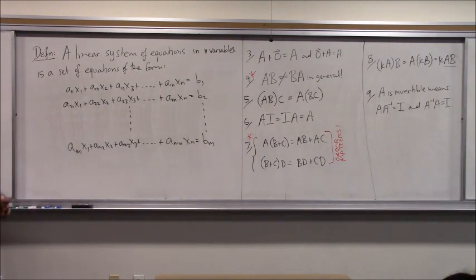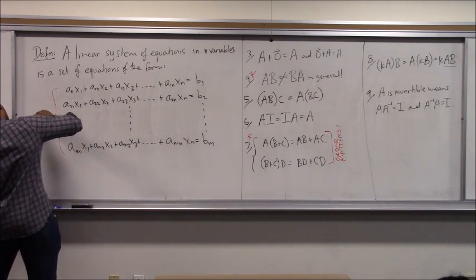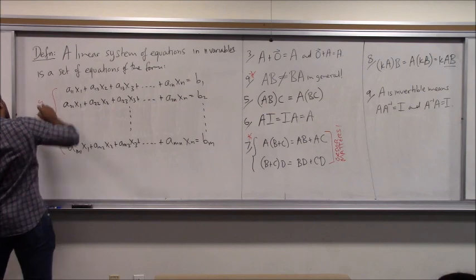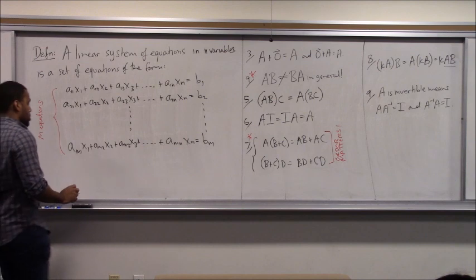Like that, so you can have a list. You will notice here we have m equations. And there are n variables.